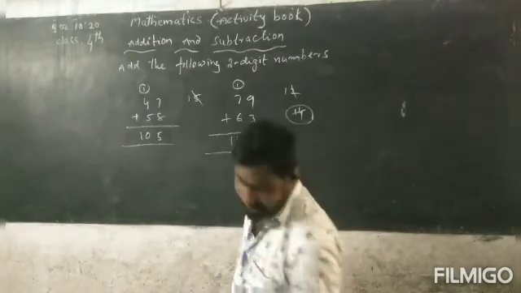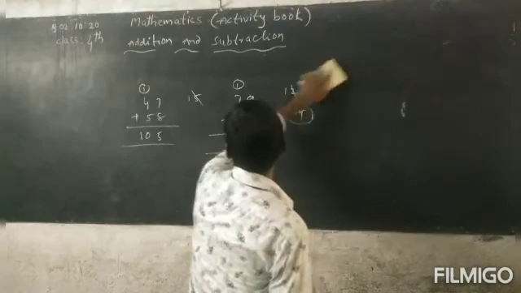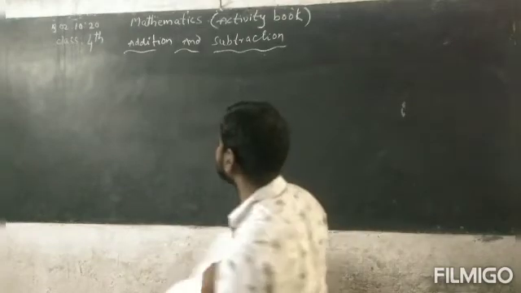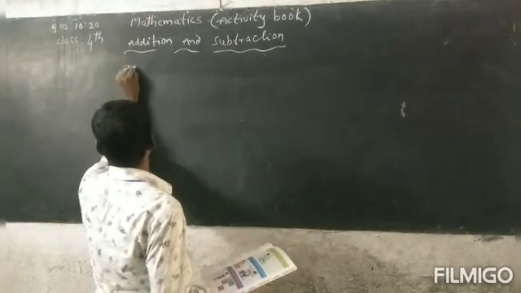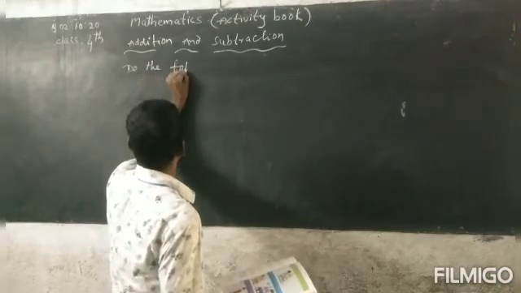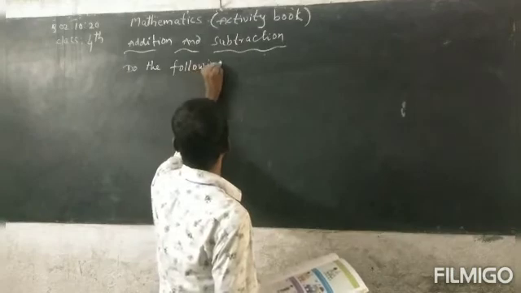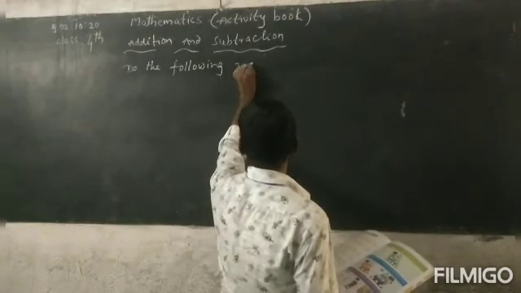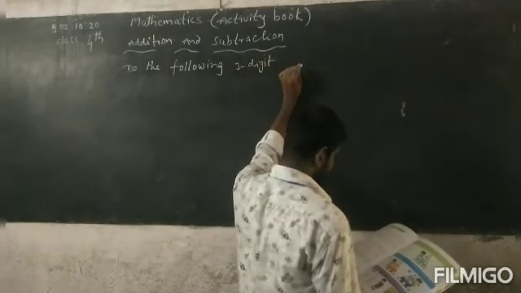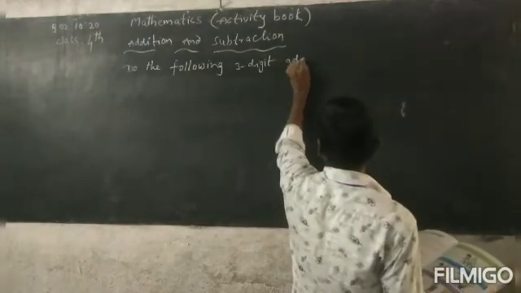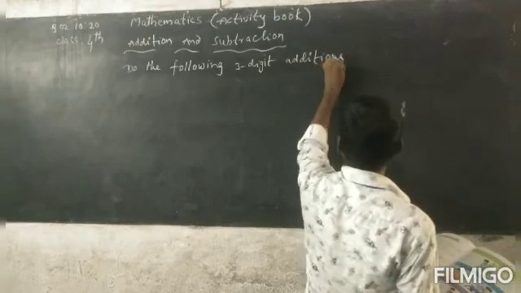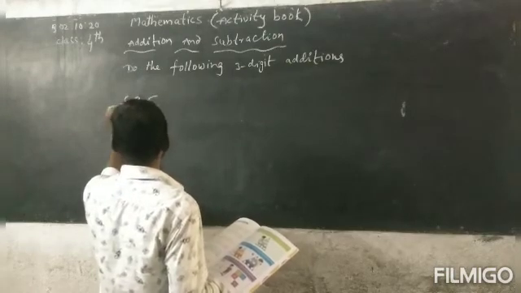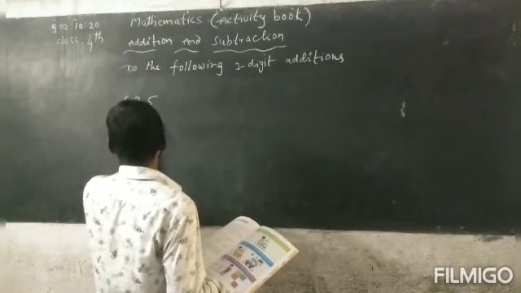Now next do the following 3-digit addition. See here, 535 plus 444.